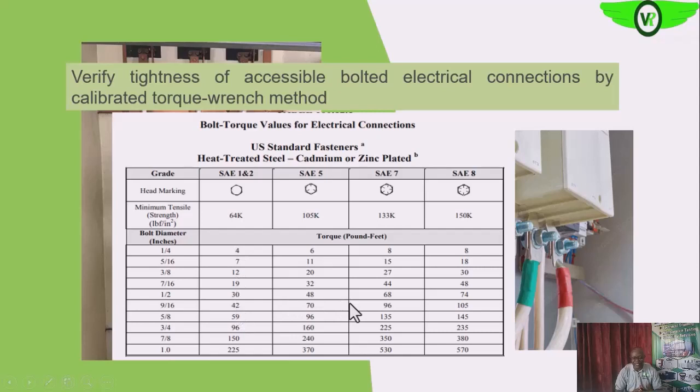So let's assume that we are looking at an SAE grade 5 bolt, and that SAE 5 bolt is half inch. Are you getting it? So the torque level to which we would drive that half inch grade 5 bolt is 48 pound-feet. So that is the level to which we will drive it. So it's now left for you to look at the grade and size of the nut or the bolt and then apply the appropriate torque level for each.